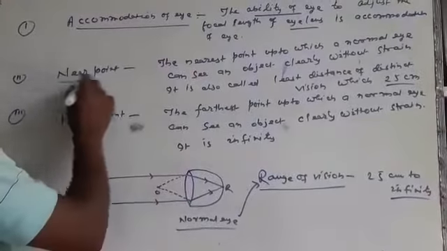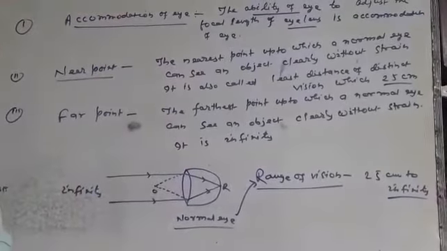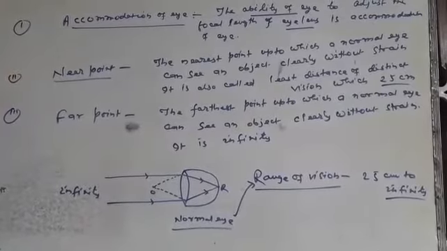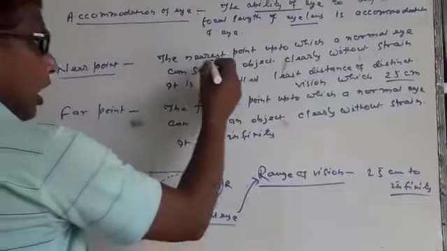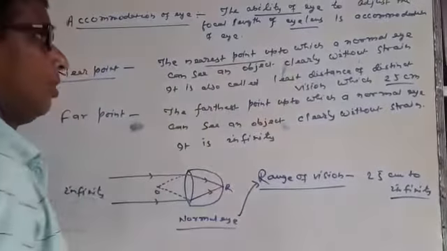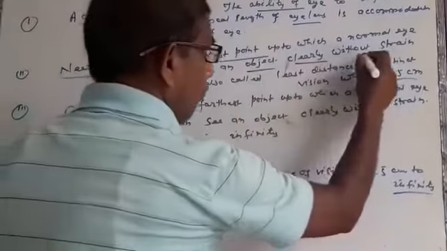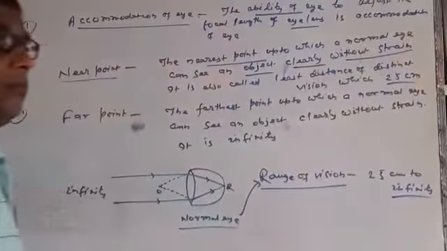Now the second term is near point. It is also called least distance of distinct vision. It is the nearest point up to which a normal eye can see an object clearly without any strain.